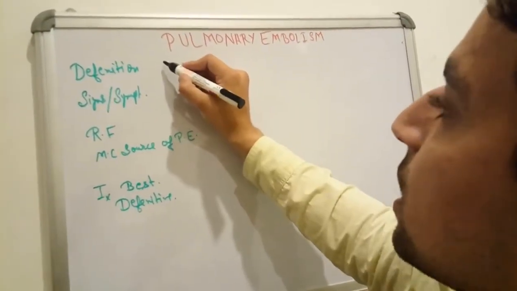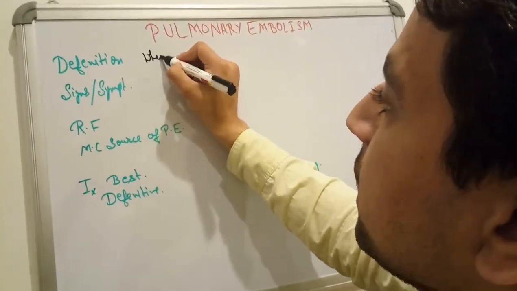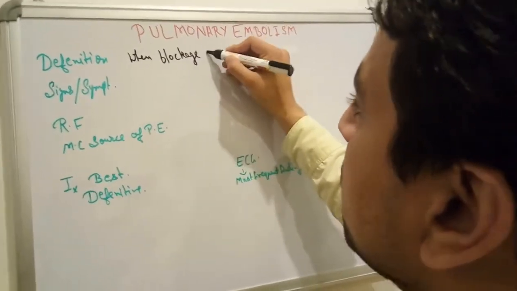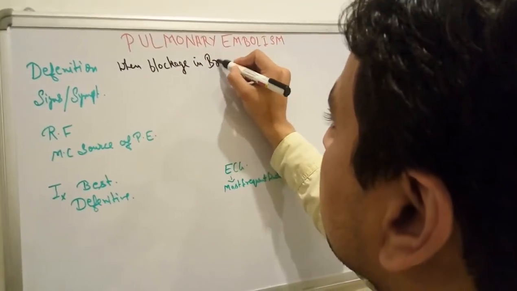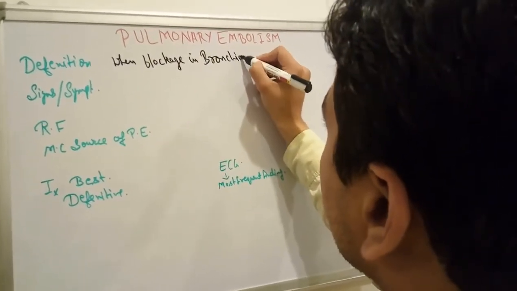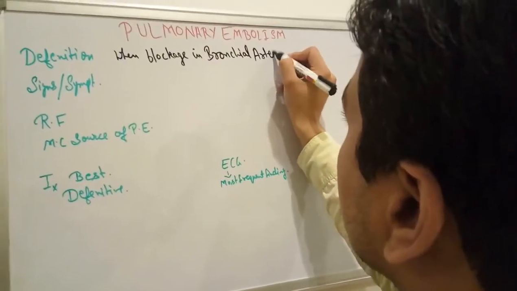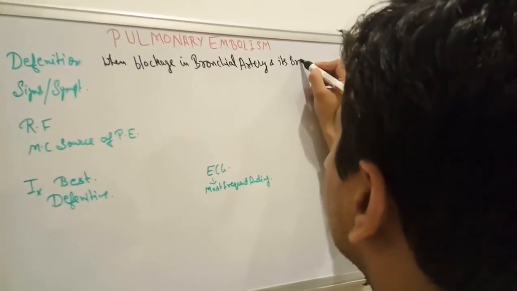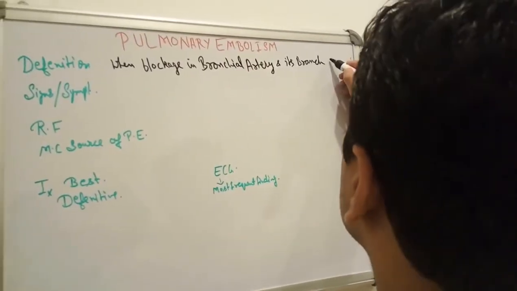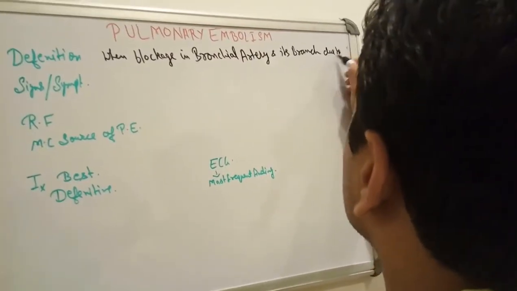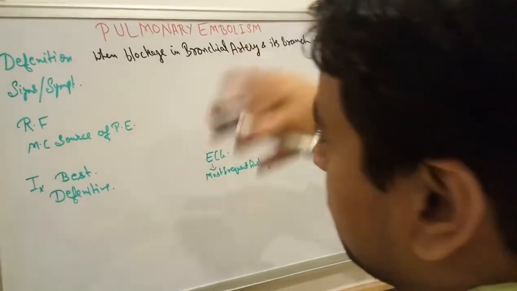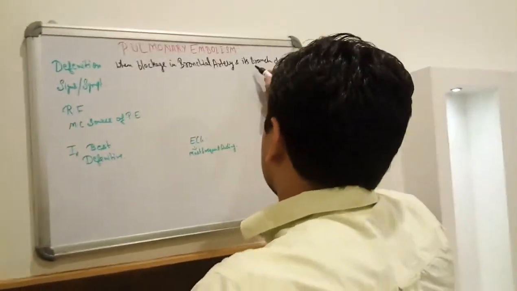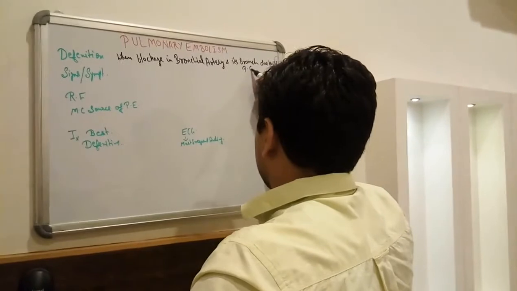Pulmonary embolism means a blockage in the pulmonary artery or any of its branches, due to a clot which travels from somewhere and gets stuck inside the artery or any of its branches, is known as embolism, and it's known as pulmonary.